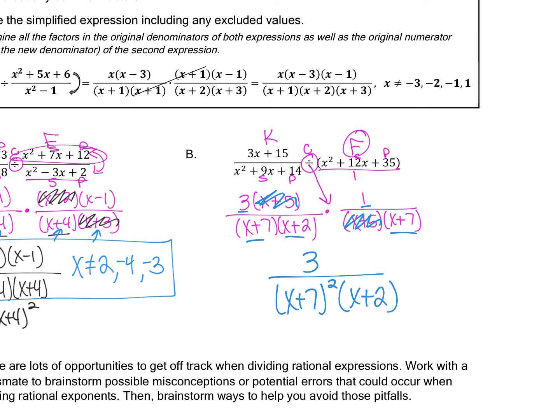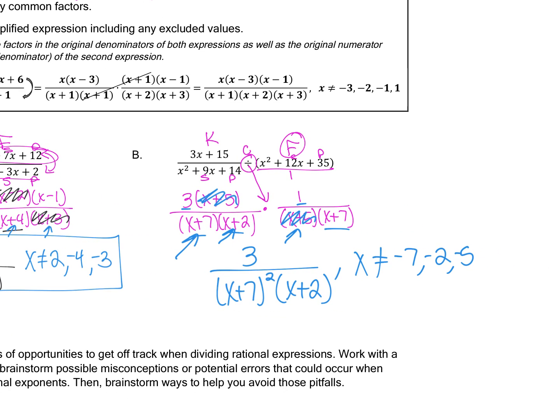So you can either write it twice, or you could put x plus 7 squared since there's 2 of them. So looking at your denominators, that would be negative 7, negative 2, negative 5, and then you would have negative 7 again. So there's our excluded values.